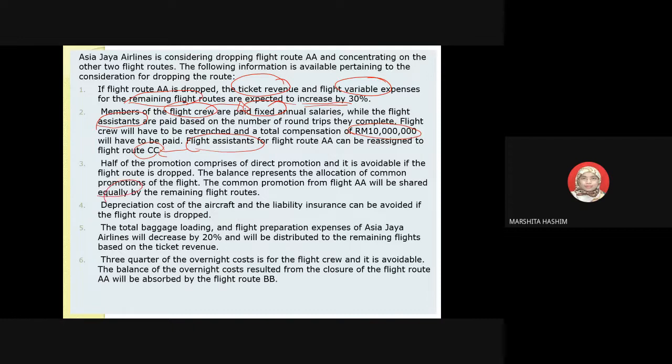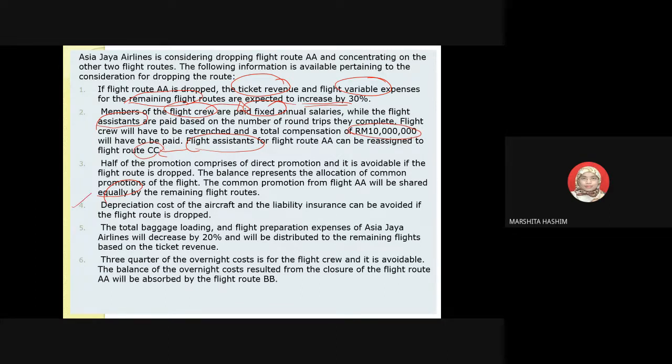Okay, so promotion cost for route A, half is avoidable, you can save, but another half you still have to pay. So how to pay? You allocate to B and C based on equal distribution. That means half of the portion put under B, another half put under route C.